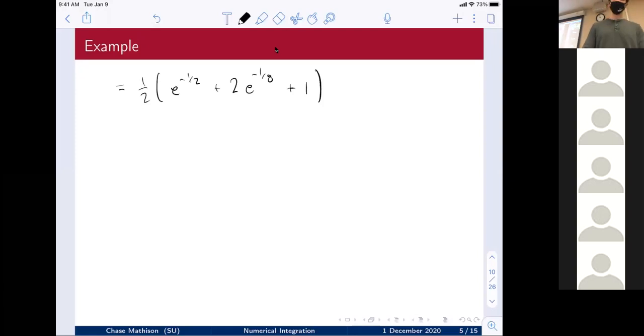And when I type that into a calculator, 0.5 times exp minus 1/2 plus 2 times exp minus 1/8 plus 1, we get about 1.686.